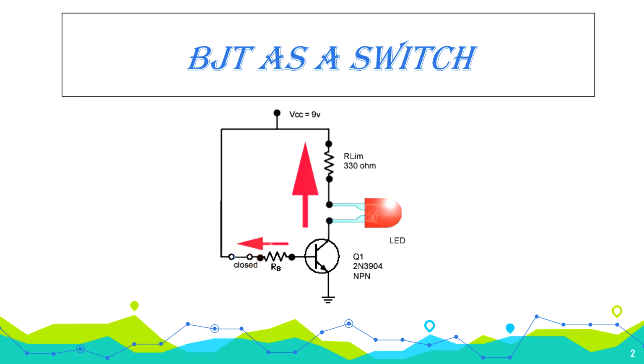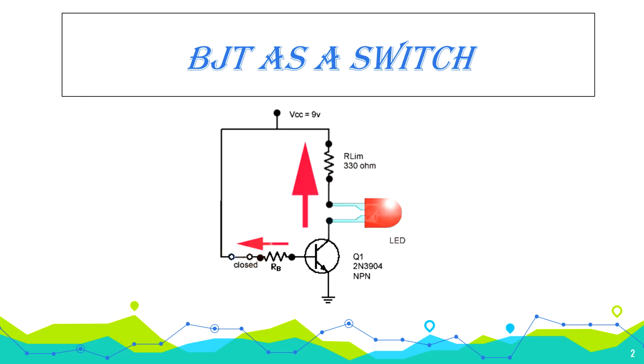In this section, we are going to study BJT as an amplifier. But before that, let us have a quick recall of BJT as a switch. As we all know, BJT has two applications. It can be used as a switch or it can be used as an amplifier.